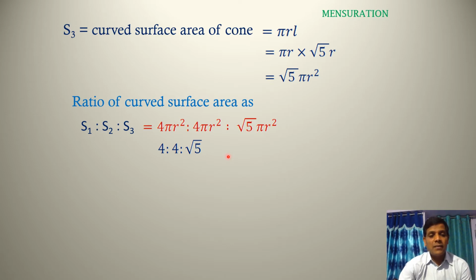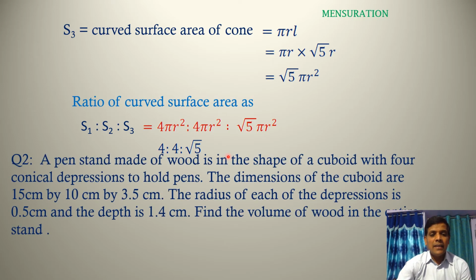Very clear? So let us move on to the next question. A pen stand made of wood in the shape of a cuboid with 4 conical depressions to hold pens. The dimensions of the cuboid are 15 centimeters by 10 centimeters by 3.5 centimeters, meaning length, breadth and height of the cuboid.